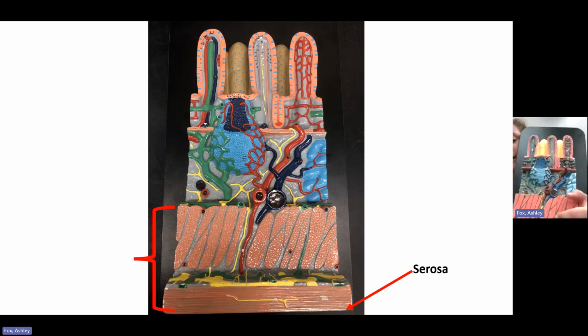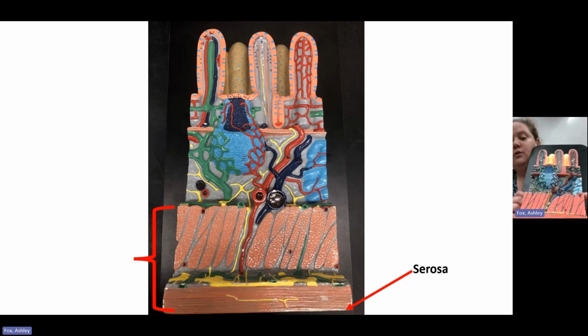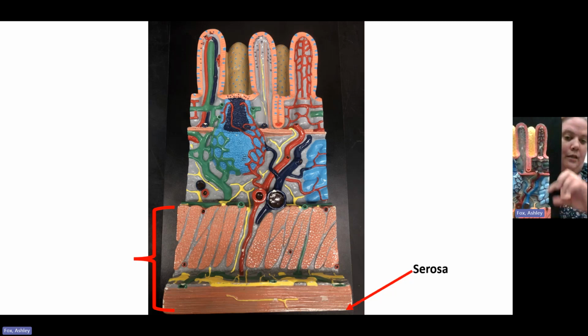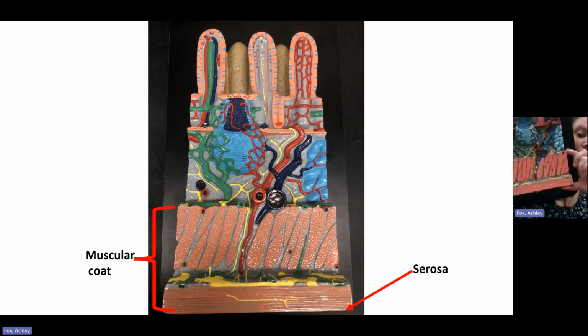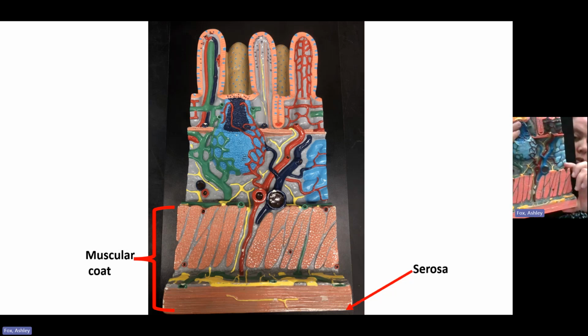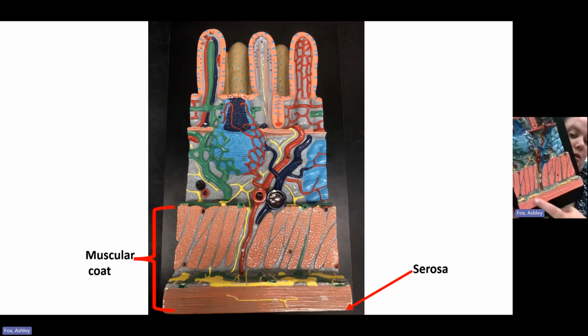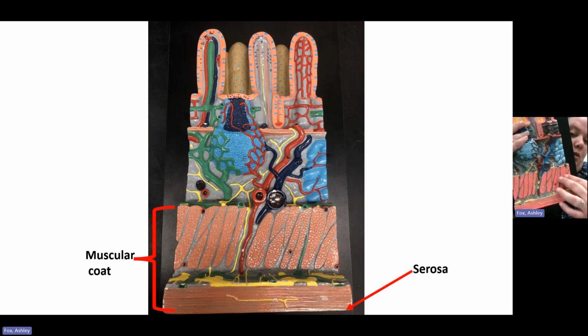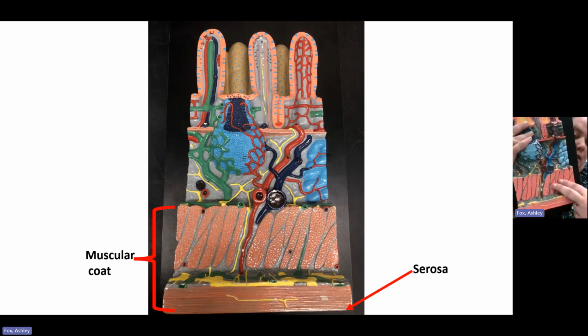And then we're just looking at layers. You can see this is one layer, this is a layer, this is a layer, and then this is a layer. So we're going to see different layers. This section is your muscular coat. You're going to see longitudinal muscle under the serosa and circular muscle here. This is where a lot of peristalsis is occurring, with contracting smooth muscle.